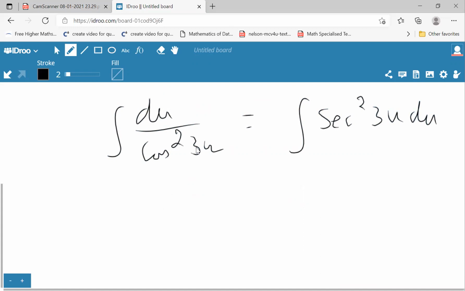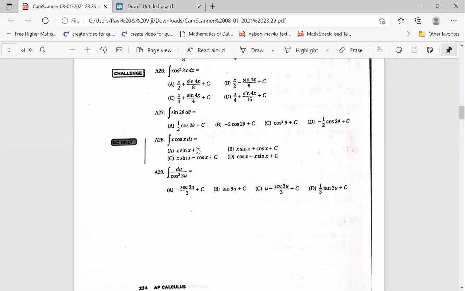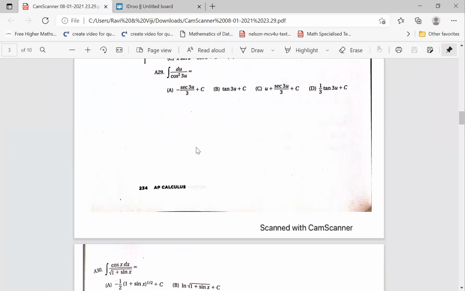So now, you know, integration of secant squared theta is nothing but tan theta. So I have to divide by the coefficient of the variable. So that will give you 1 by 3 tan 3u plus c. So you can see 1 by 3 tan 3u plus c is the D option, which is correct.